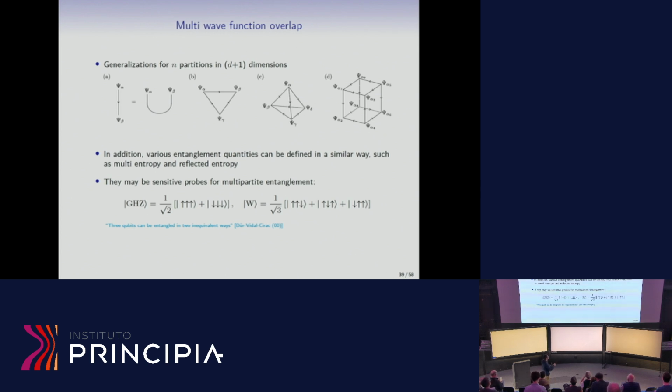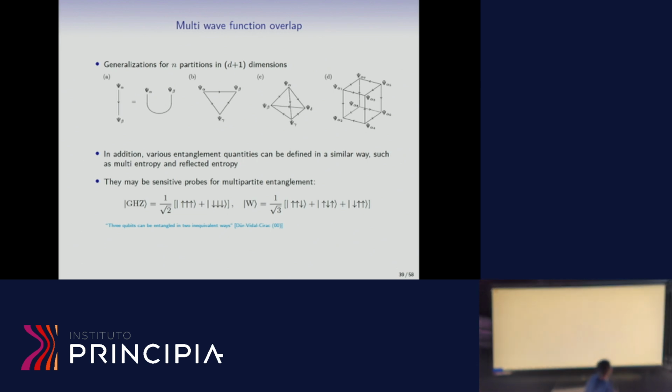We have an 8 state, but we are not going to talk about something related to topology. We are going to discuss something more like quantum entanglement. And since I'm using the multi-wave function overlap, as I said in the introduction, it is related to multipartite entanglement. So we are going to discuss the entanglement part.